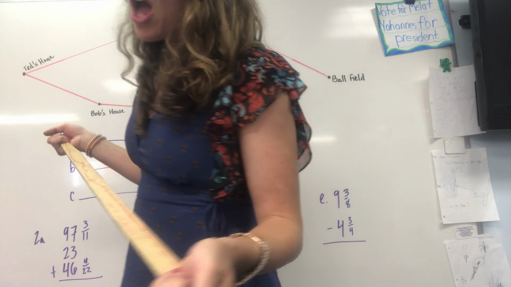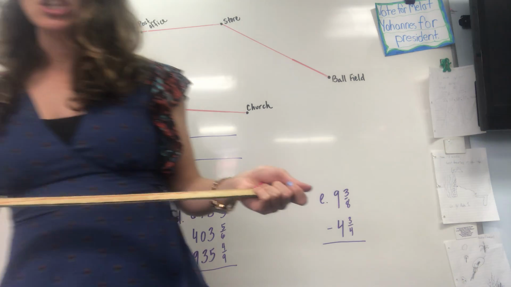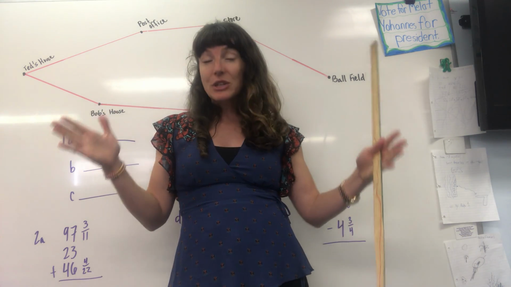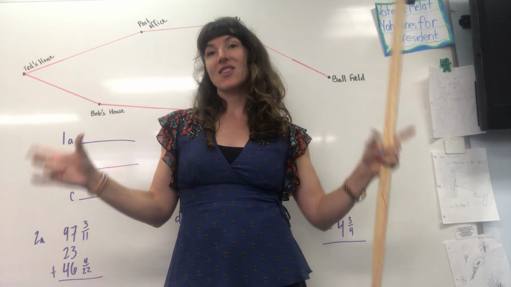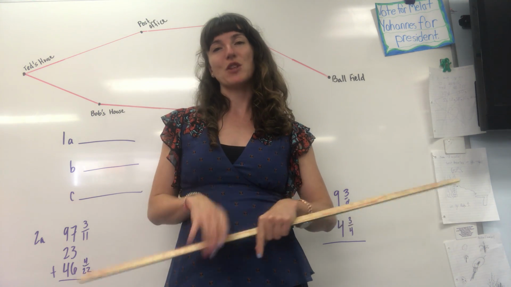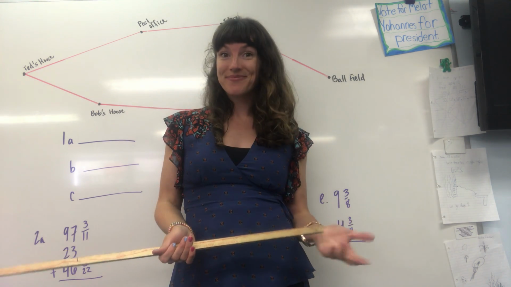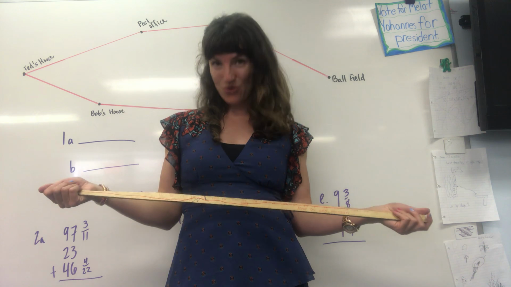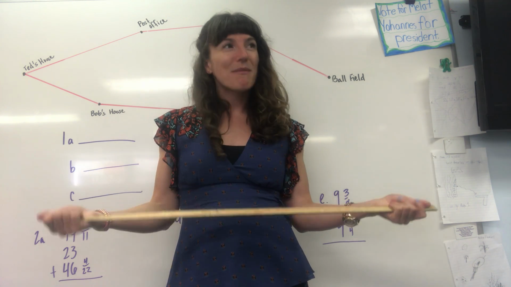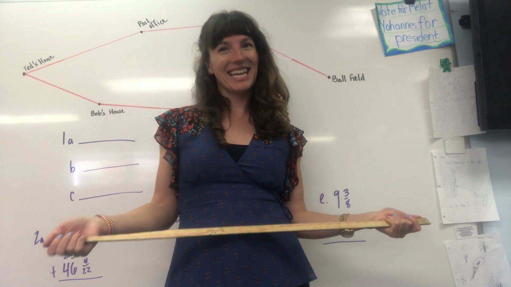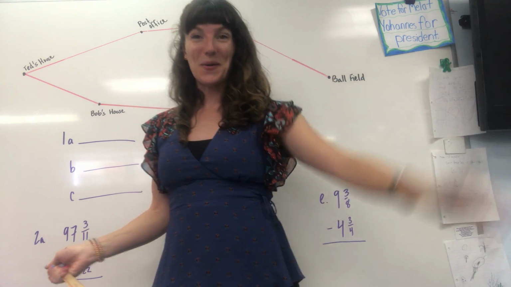A scale drawing is used to show very long distances on a small piece of paper. So, a map is a scale drawing. Any map that we have ever looked at in class, especially the globe.